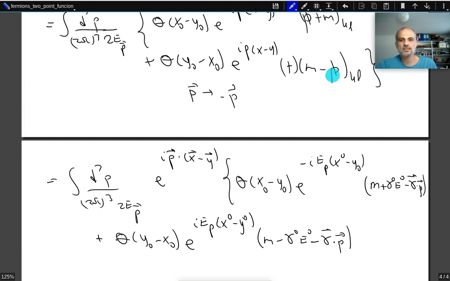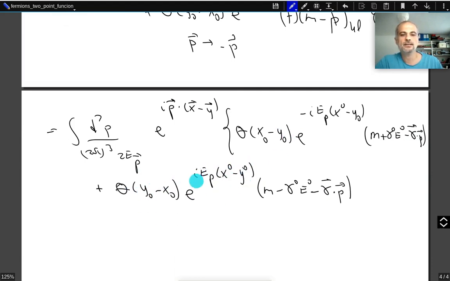You see this p slash has gamma 0 E0 minus gamma dot p, but remember in the second term I make this replacement, so this sign becomes minus. So the first term and the second term, they actually differ by only the sign of E of p.